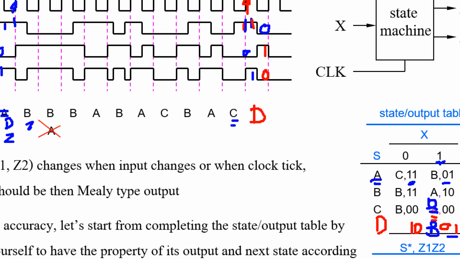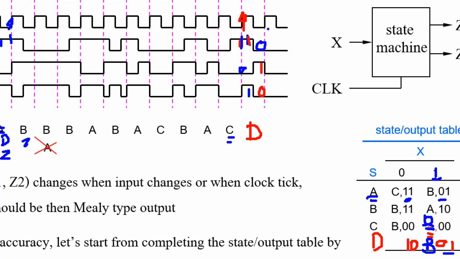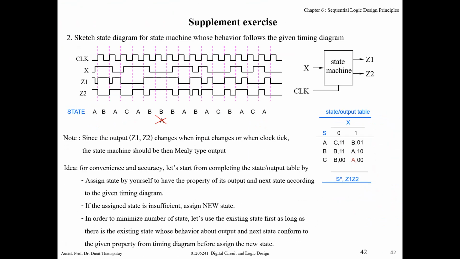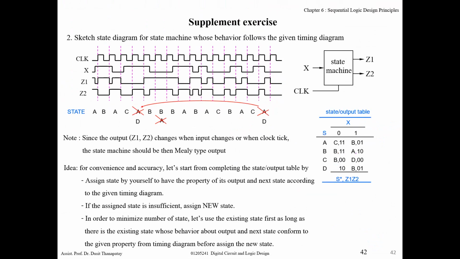And the last condition: at state D, when clock tick, go to the state that output is 0, 0, so it should go to state C. That means when clock tick at state D, when input x is 0, go to state C. Now you can complete this state output table.